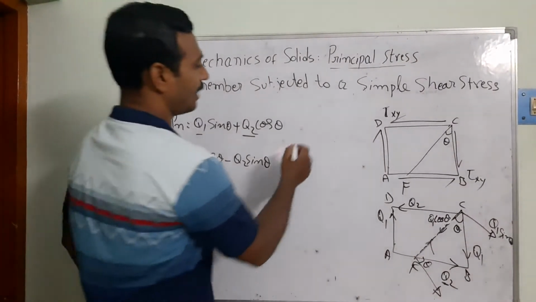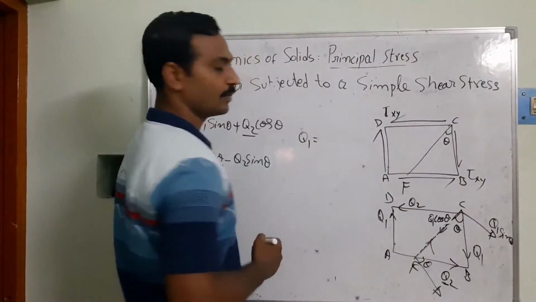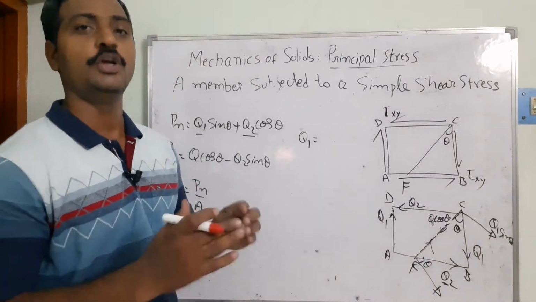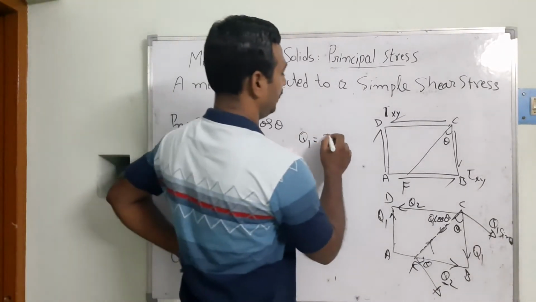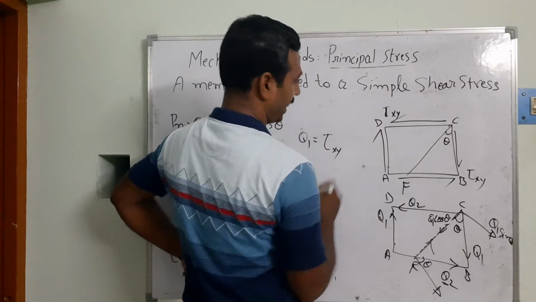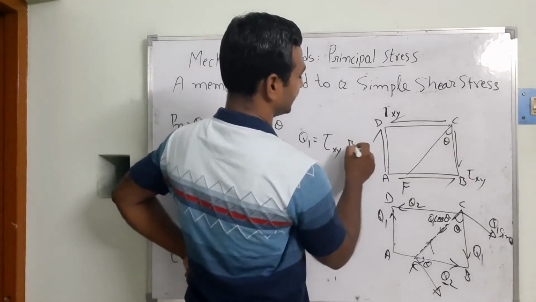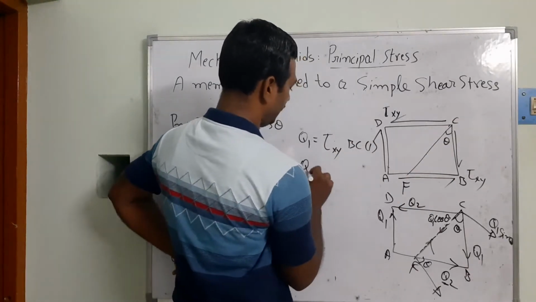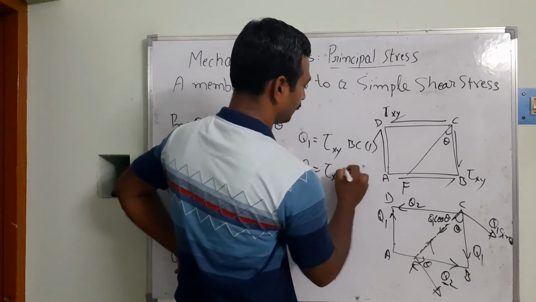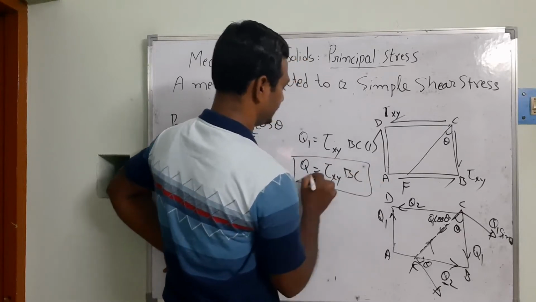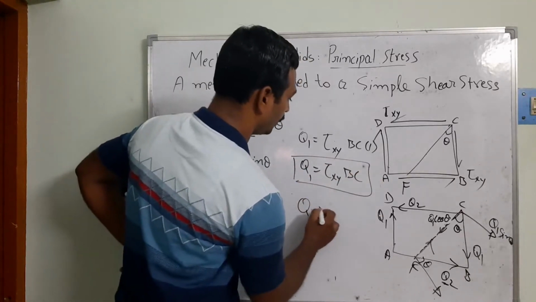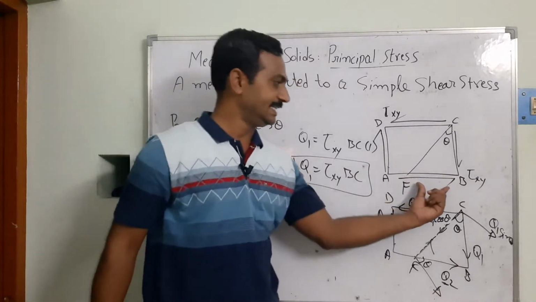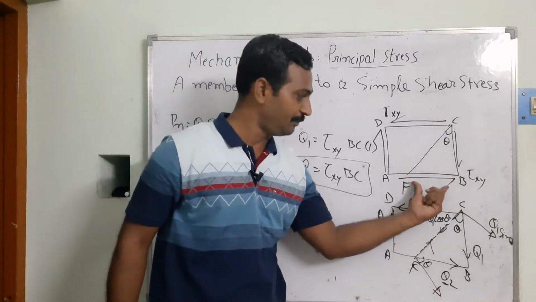Right, so now I take Q1, that is the shear force, equal to shear stress into area. That's going to be tau xy, that's the BC, into unit thickness I am considering. So finally Q1 is equal to tau xy BC. This is the Q1. Then what is the Q2? How could you write it here? This is the unit area we have to consider, FB into the thickness.